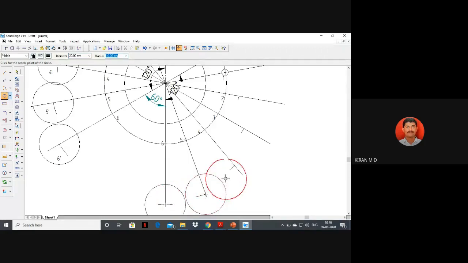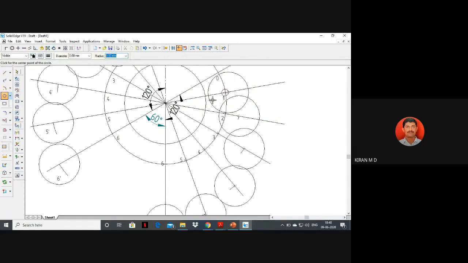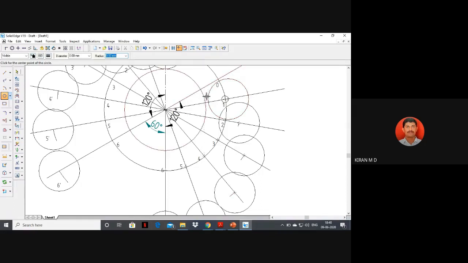Similarly here, this is the line, this is the line, intersecting point, and this. Then similarly, you draw the smooth curve here.